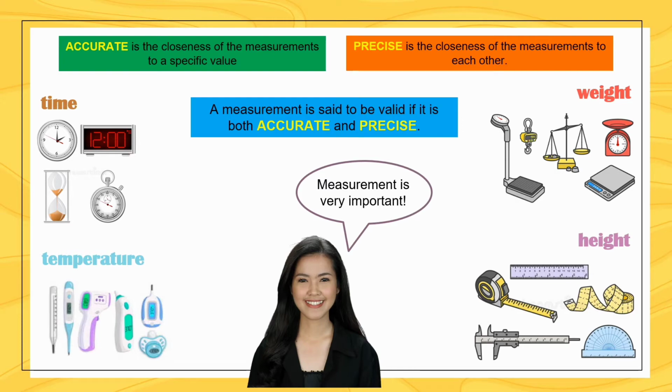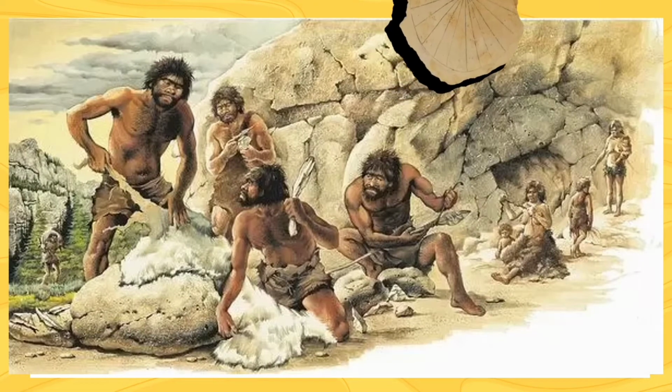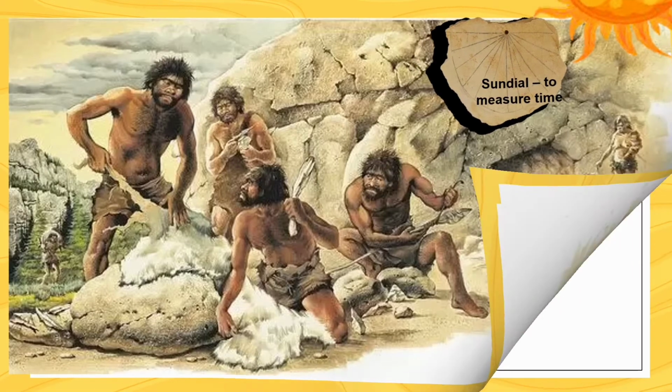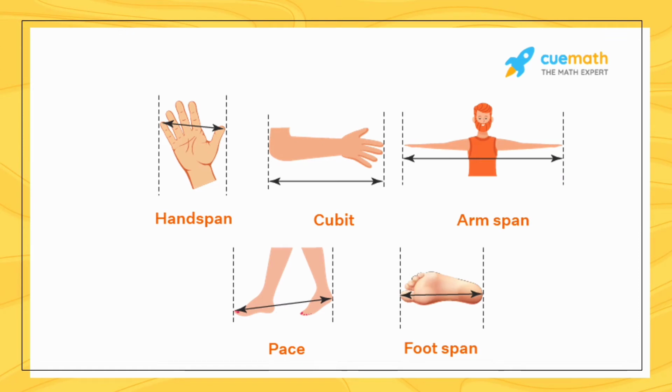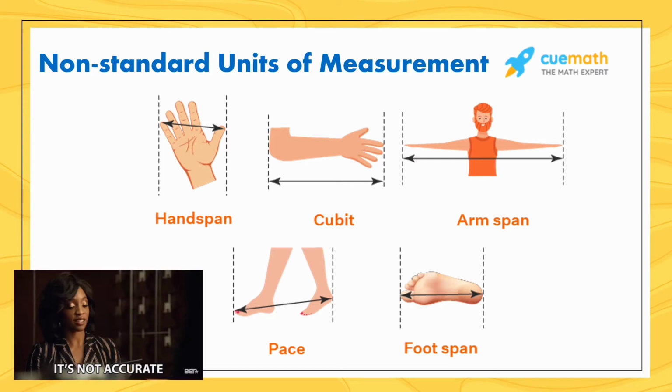If we would go back in time, our ancestors utilized the objects around them like stone, sun, and even their body parts like their thumb, palm, foot, span, and others as the basis to measure. And they are known today as the non-standard units of measurements. But we also know that the measurement using this method will not be accurate and precise.